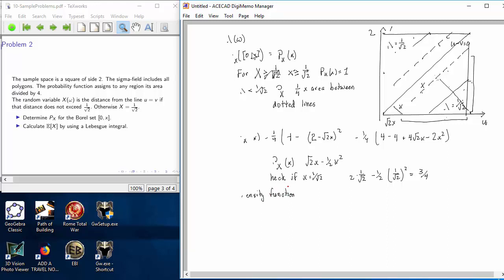The probability density function, f for the random variable capital X, is just the derivative of the probability distribution function that I found. It's p prime, and by elementary calculus, the derivative of this function is root 2 minus x. And now I can calculate the expectation of x by doing an ordinary integral.